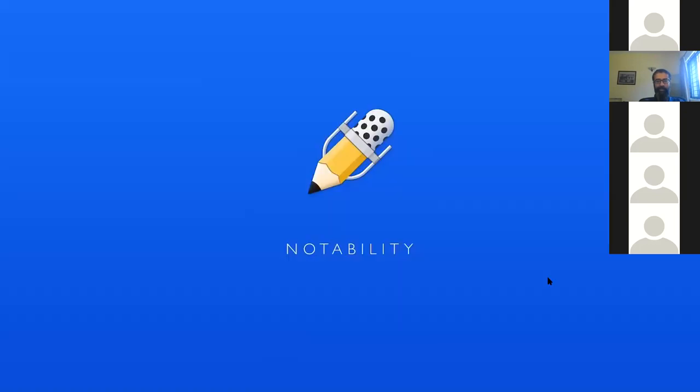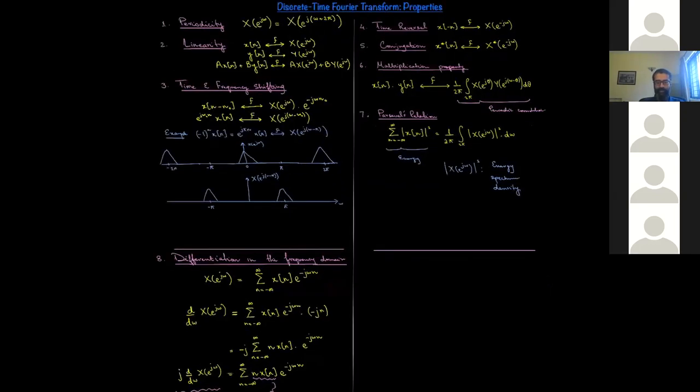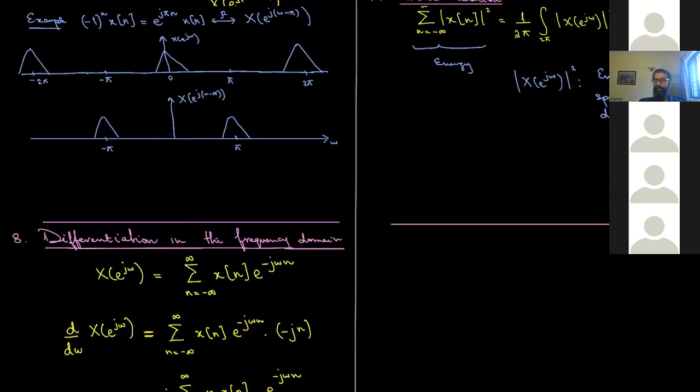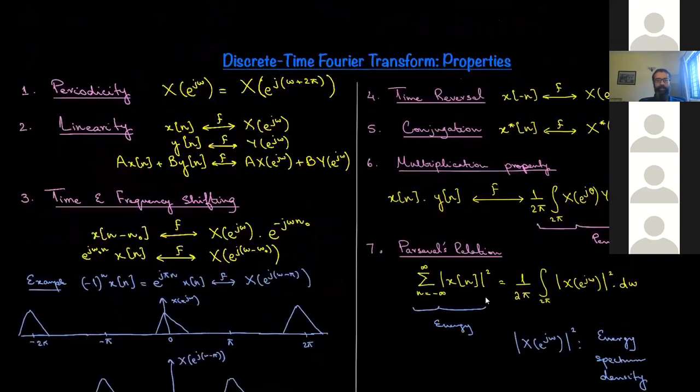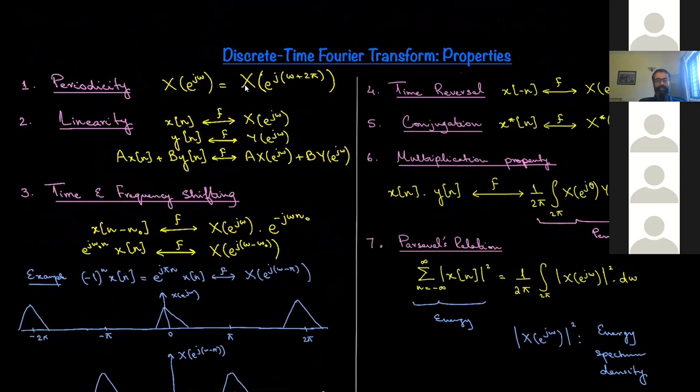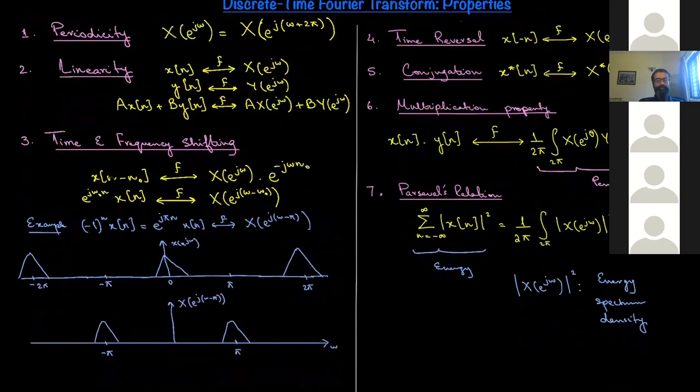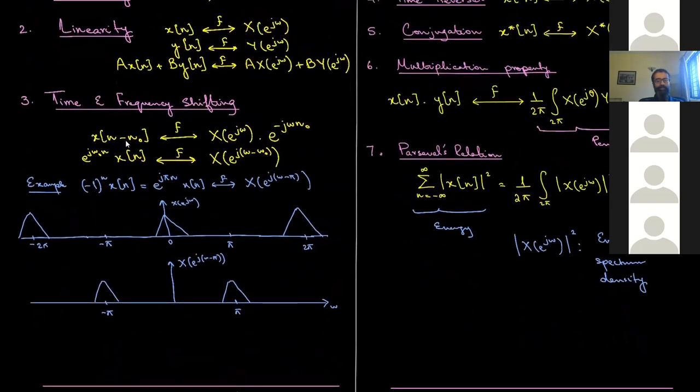Okay, acha. And then finally, properties. Properties are very, very similar, so I'm just going to quickly go over them. Periodicity, we've done this. Linearity, very clear. Time shifting, n minus n naught in the time domain, is multiplication with an exponential in the frequency domain, just like in the continuous time case.